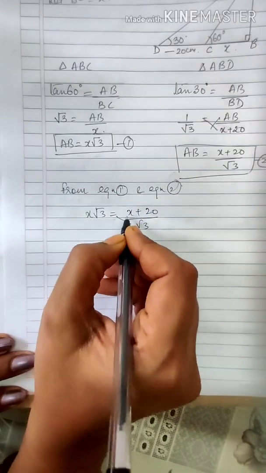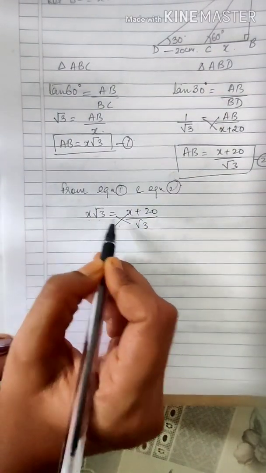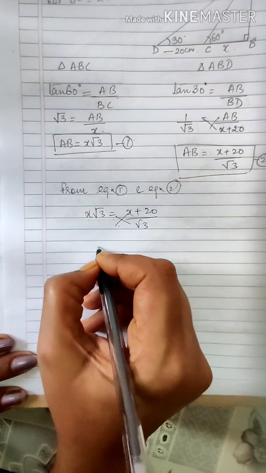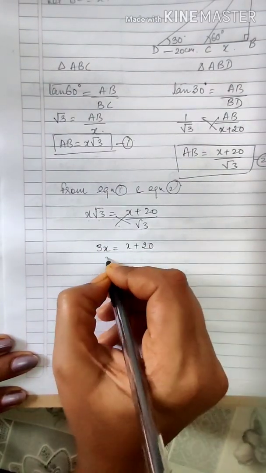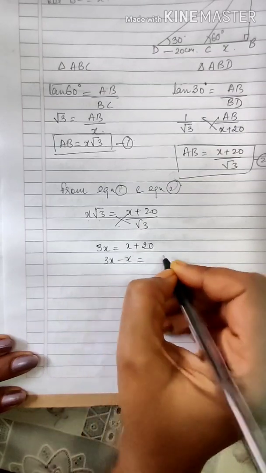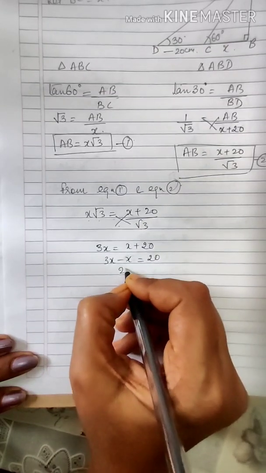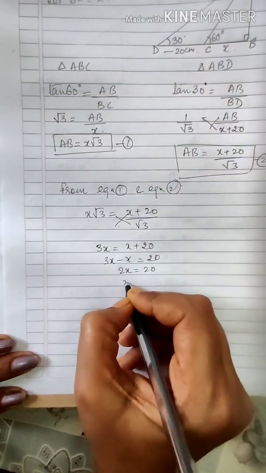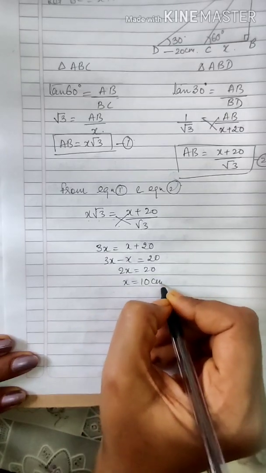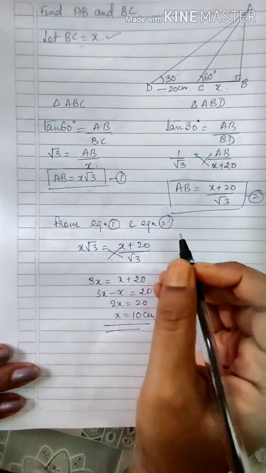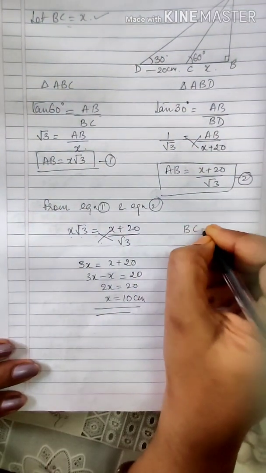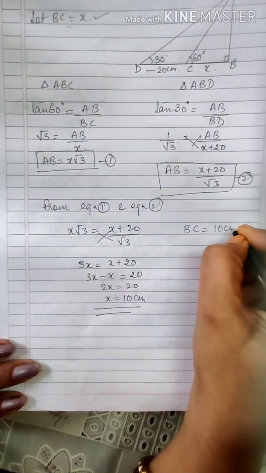Now doing cross multiplication, x root 3 into root 3 you will get 3x is equal to x plus 20, which will give you 3x minus x is equal to 20, 2x is equal to 20, or x is equal to 10 centimeter. What is your x? X is your BC. So you get BC is equal to 10 centimeter.